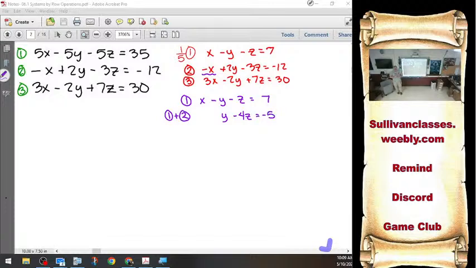Now, when I said that we're going to do this in a nice compact area, we're just being more efficient with our work. Instead of doing two separate systems, I'm just going to keep going here. What's a way that I could knock out that 3x?